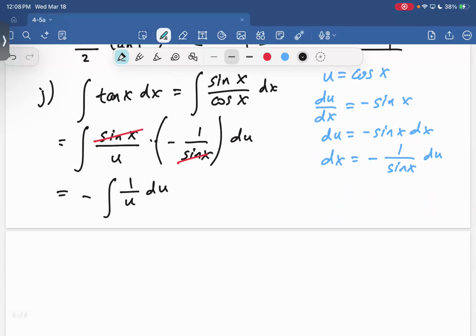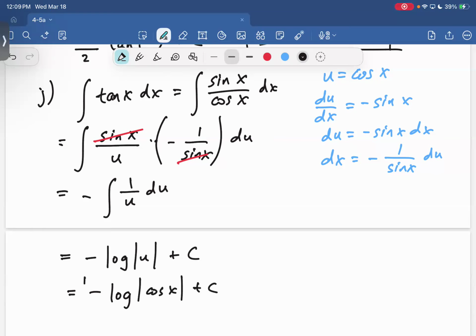Which now that I realize we haven't actually learned how to do this integral. So I shouldn't have assigned this. I'll just tell you the answer.